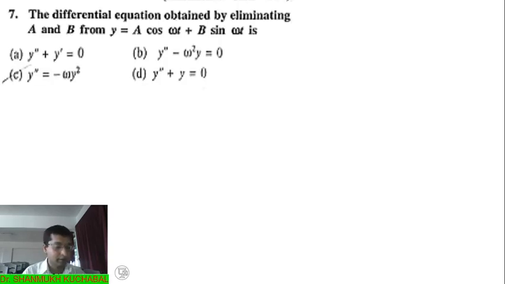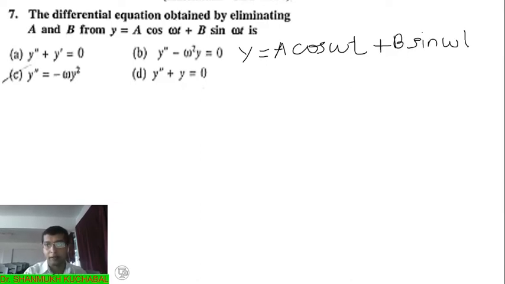Then example number 7. The differential equation obtained by eliminating a and b from y equal to a cos omega t plus b sin omega t is, so we have to eliminate a and b. Therefore the procedure is, we will find the differentiation of the given expression y. So y equals a cos omega t plus b sin omega t.